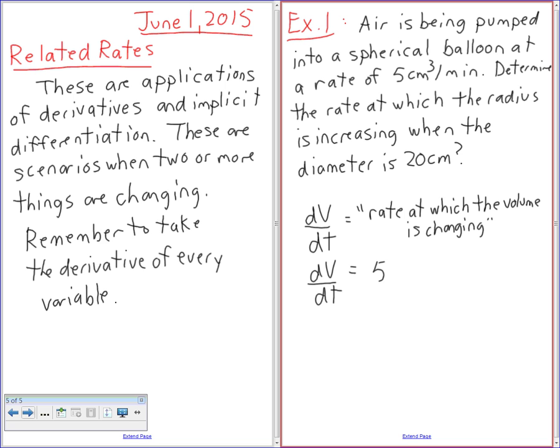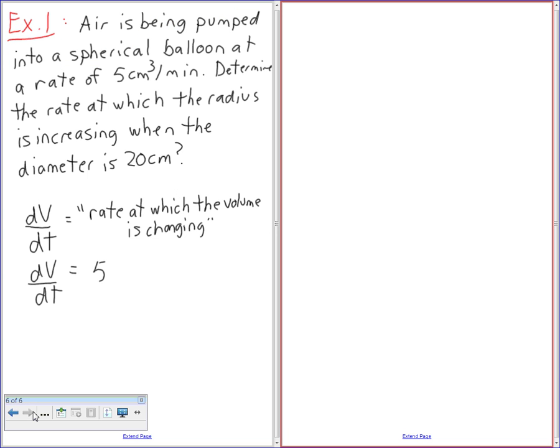Okay, what else is being changed in this question? The radius. I don't actually know what the radius is. But the reason this is a calculus question is, if my radius is this big, and I'm putting in 5 cubic centimeters per minute, how fast is it going to be increasing? Not a whole lot. If my ball is this big and I put 5 cubic centimeters per minute, it's going to be a lot more. So the rate of change of the radius depends on how big the ball actually is.